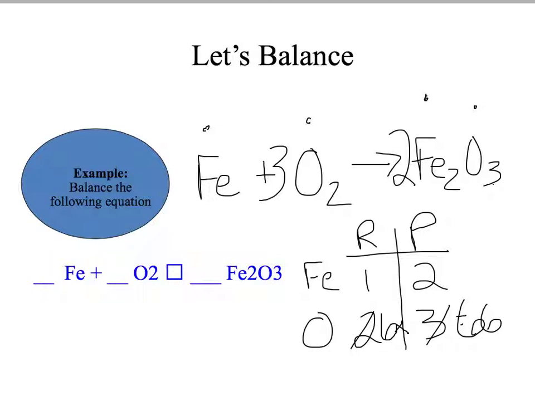That's cool. But this also changed up here, my iron. 2 times 2 is 4. So now I have to go onto this other side. What can I put here to make this balanced? So I'm going to put a 4. And it's balanced because now there are 4. So if I were to draw these in the lines, 4, 3, 2.